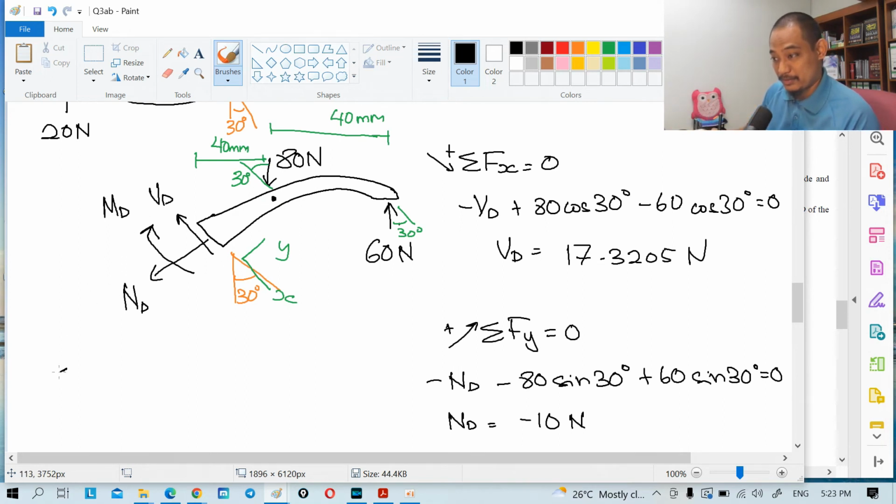Okay, summation of Md equal to 0. Let's consider counterclockwise as positive. Sorry, this is clockwise.